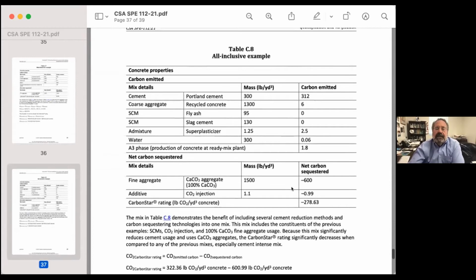And we can look at many different examples where we put all these methods together and get down to a negative 270 CarbonStar rating.